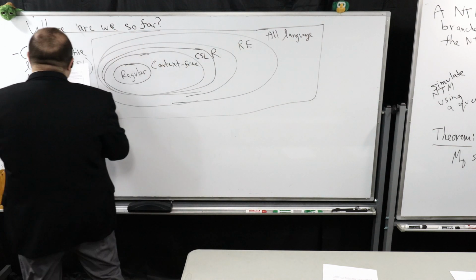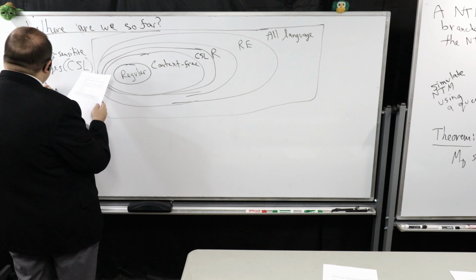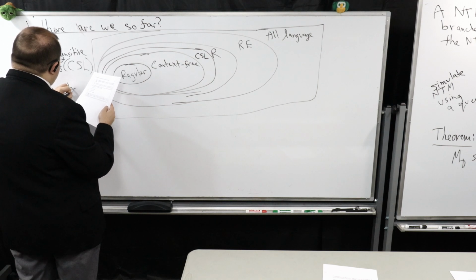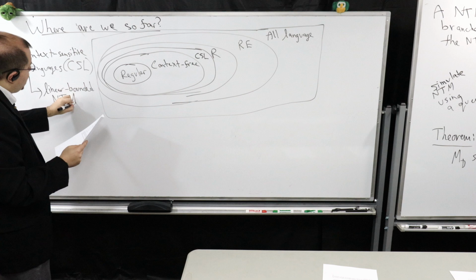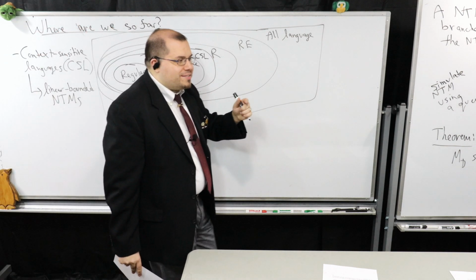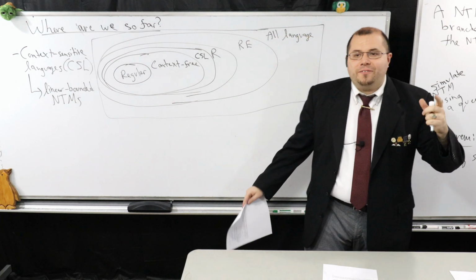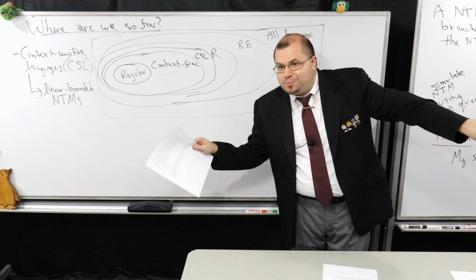And CSLs are actually described by so-called linear bounded nondeterministic Turing machines. Now, you might ask, what the heck does that mean? What it means is that there are markers placed at the beginning and end of a finite amount of the tape. So you don't have the full infinite amount of tape left and right.